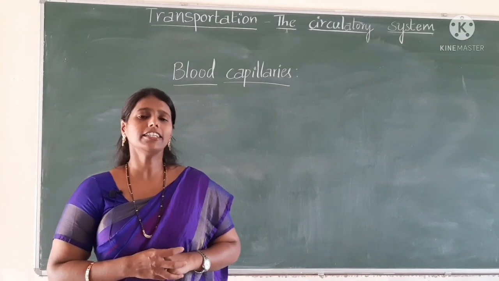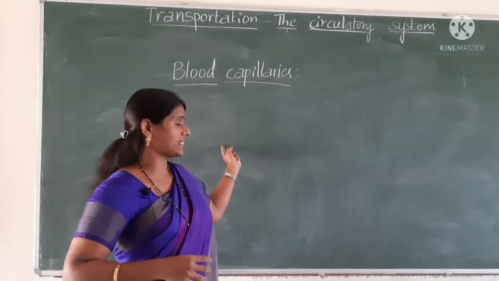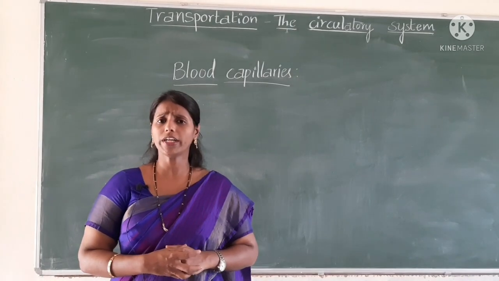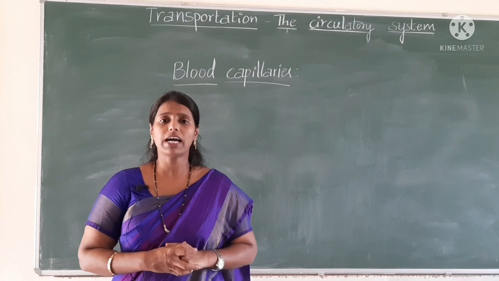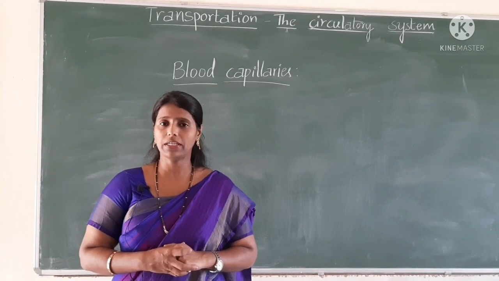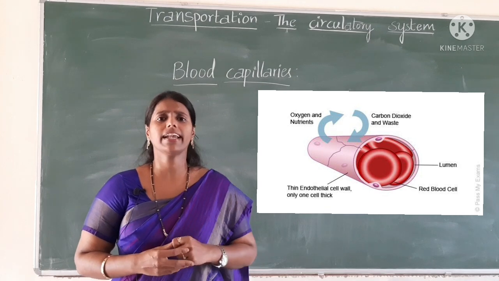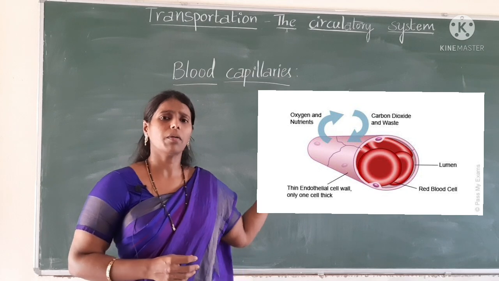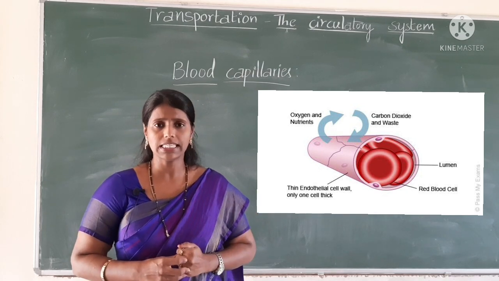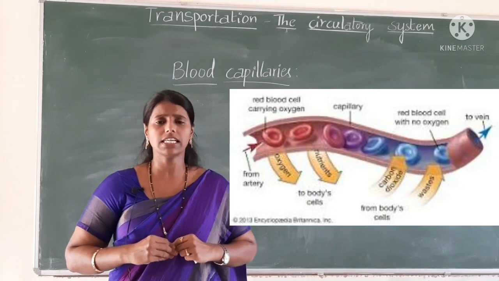Let us study another type of blood vessels. They are the blood capillaries. Now, who coined the term capillaries? Yes, Marcello Malpighi coined the term capillaries based on their tiny hair-like structures. These are microscopic blood vessels which are made up of a single layer of cells.